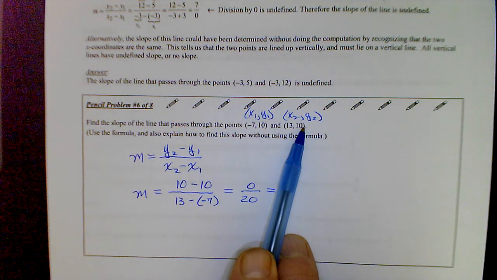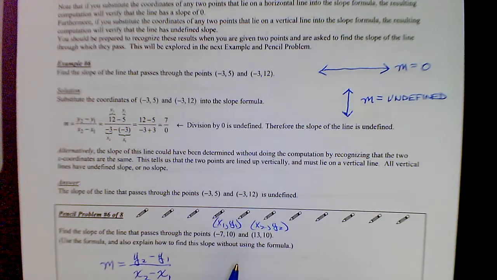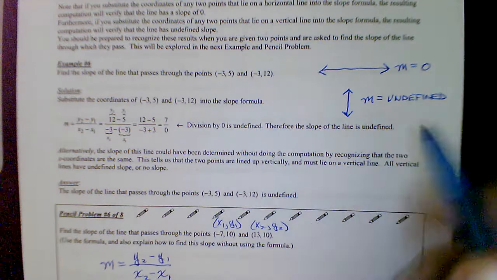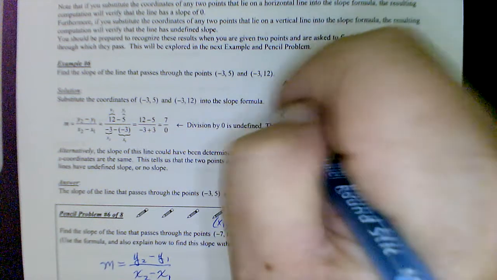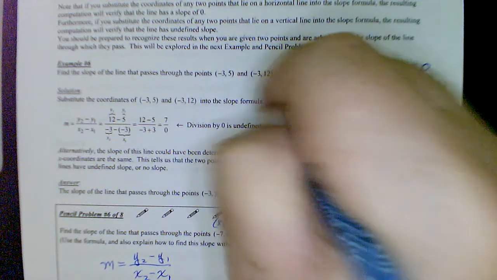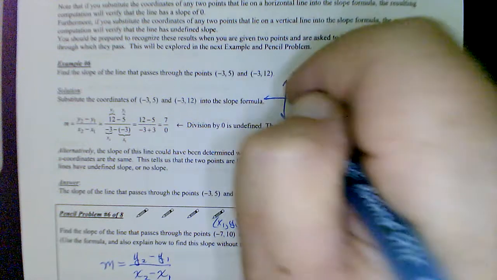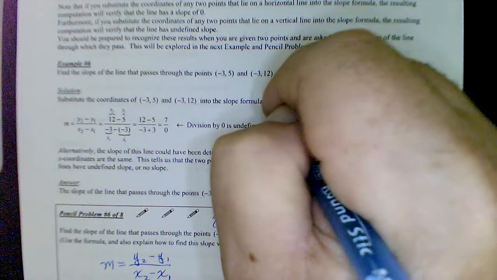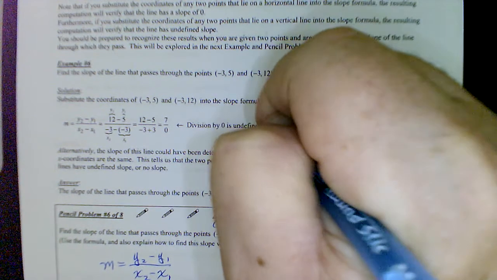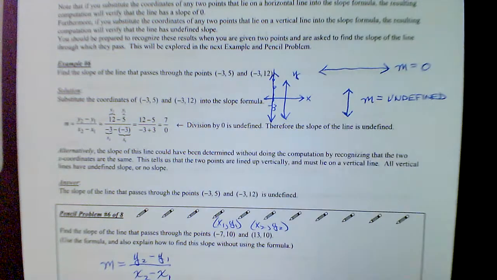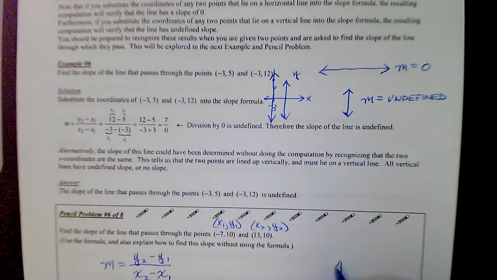So if you have the same x coordinate, it's a vertical line, like the last example. Just think of plotting these. If you plotted these points, you're at -3 in the x, and you're at 5 and at 12, well, that's a vertical line. Or if you plotted these points.